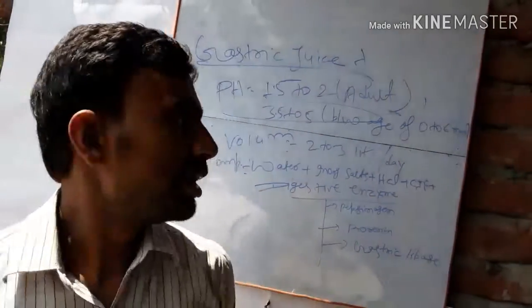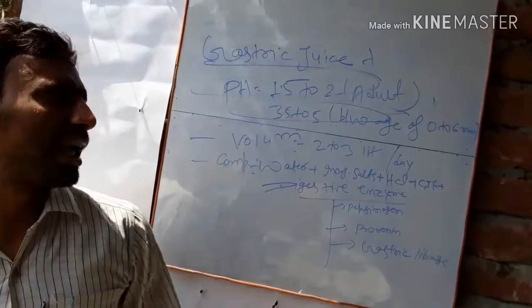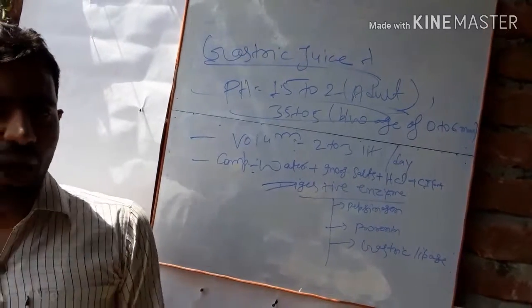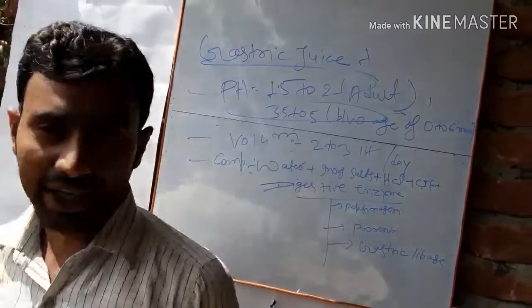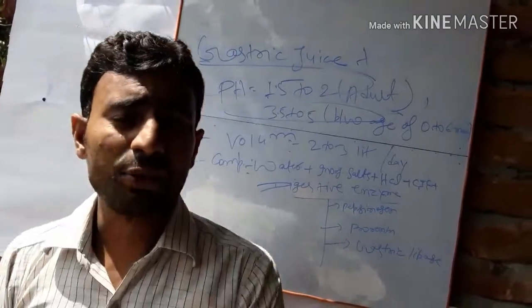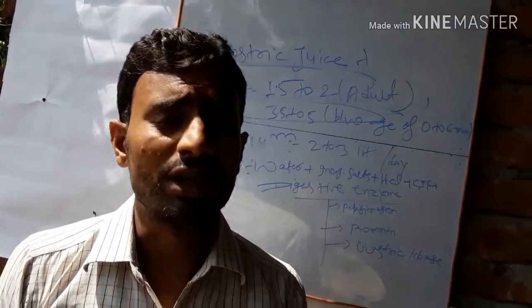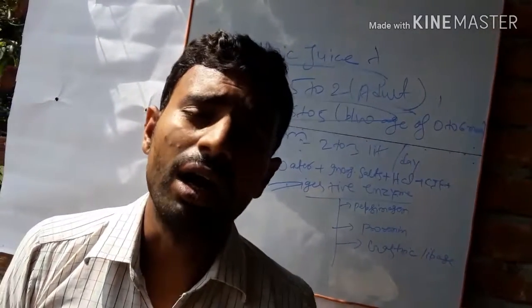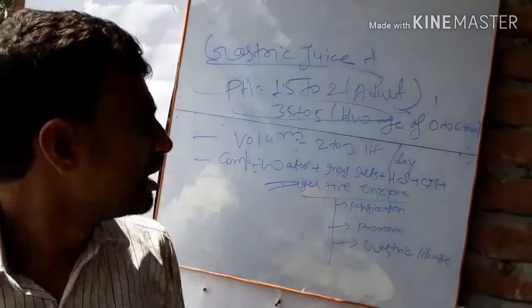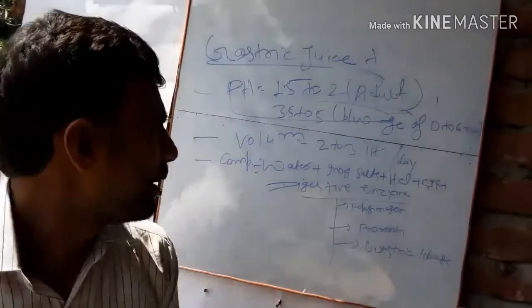Why does this happen? In the adult the pH is 1.5 to 2, but in a baby of 0 to 6 months, the gastric juice pH is 3.5 to 5.